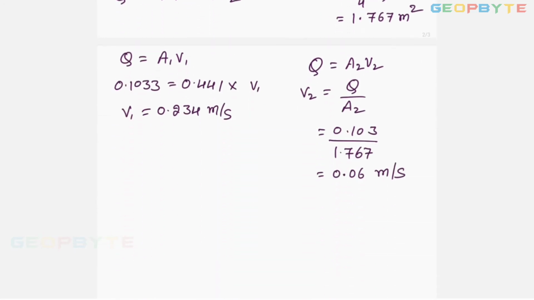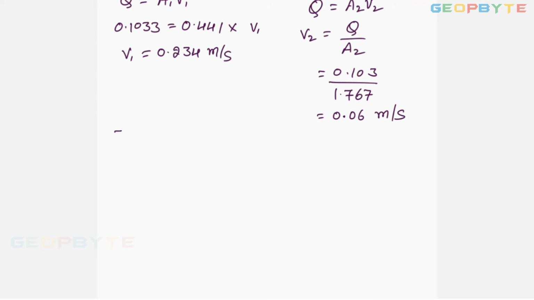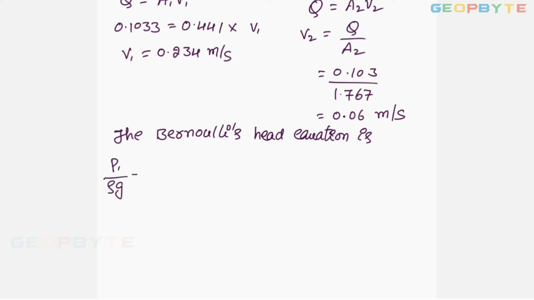Now let us take the Bernoulli equation for finding the pressure at the lower end or smaller end. The Bernoulli's head equation is P1 by rho g plus Z1 plus V1 square by 2g equal to P2 by rho g plus Z2 plus V2 square by 2g.